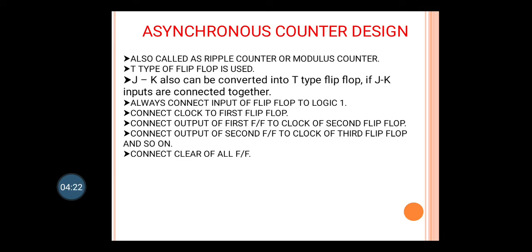Always connect the clock pulse to the first flip-flop, so the actual clock pulse is connected to only the first flip-flop. Then connect the output of the first flip-flop to the clock of the second, the output of the second flip-flop to the clock of the third, and so on. Connect the clear of all flip-flops together.